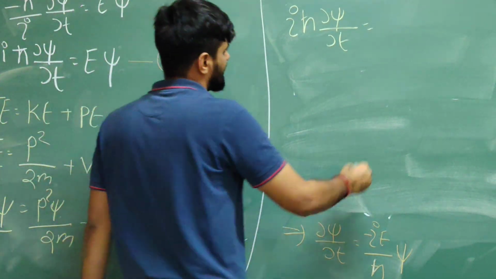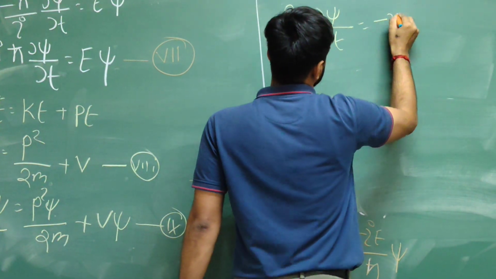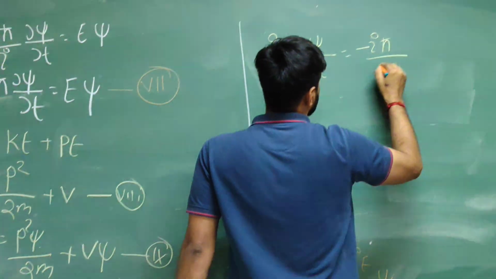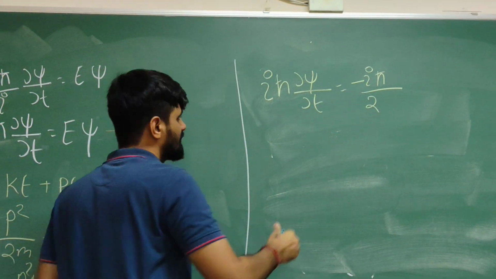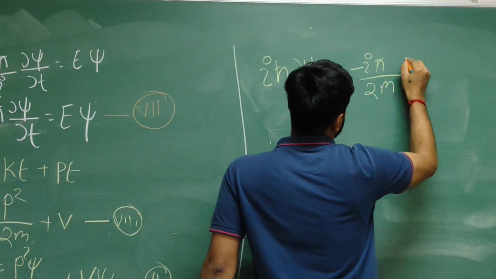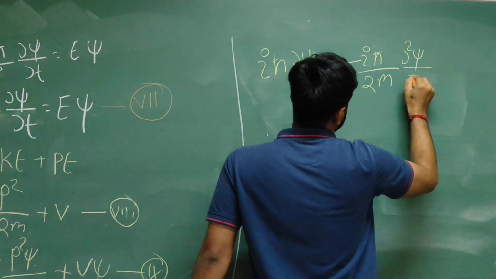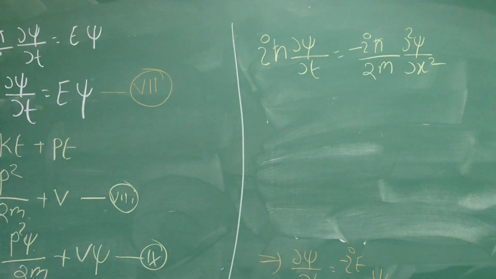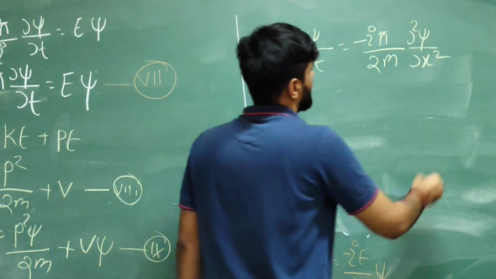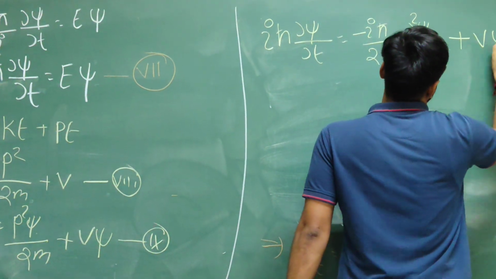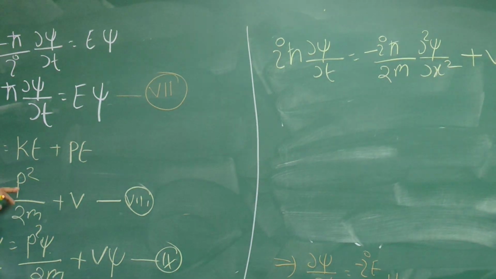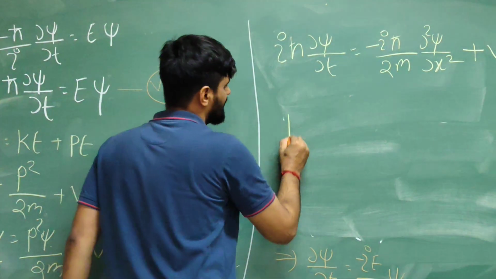We have got the value, that is equal to minus h squared divided by 2m del 2 psi by del x square, plus V psi.